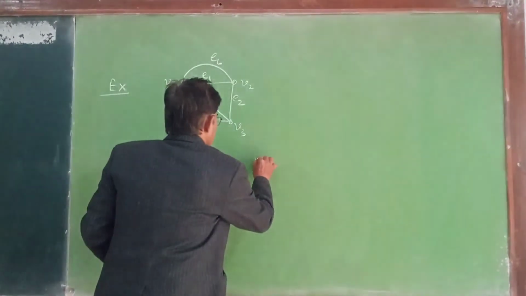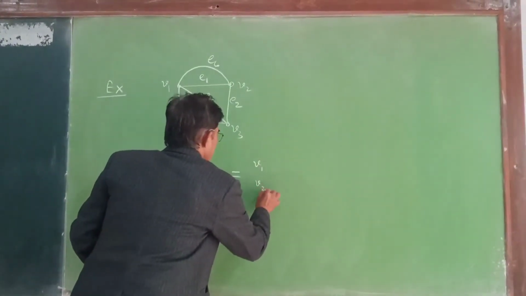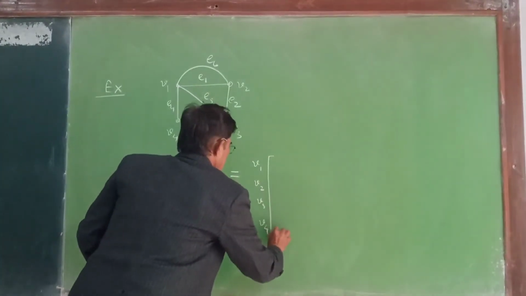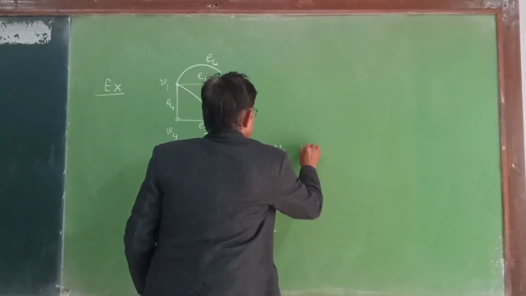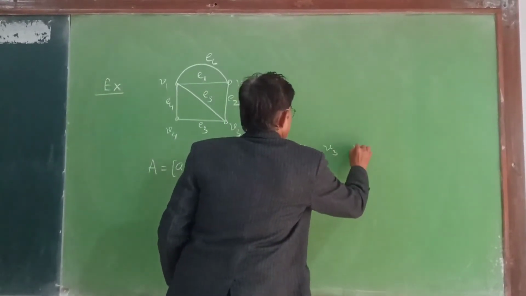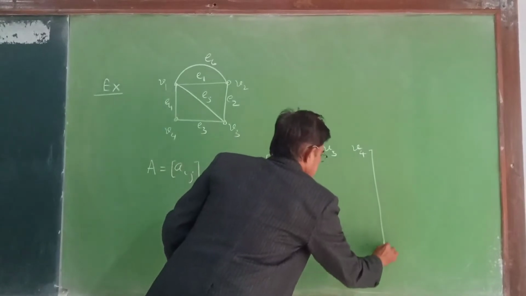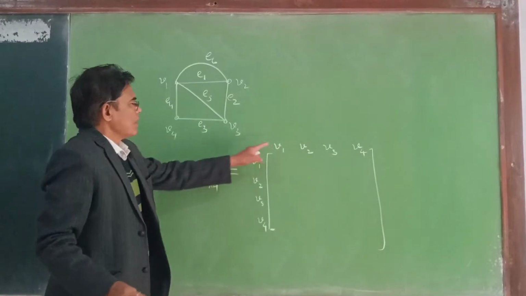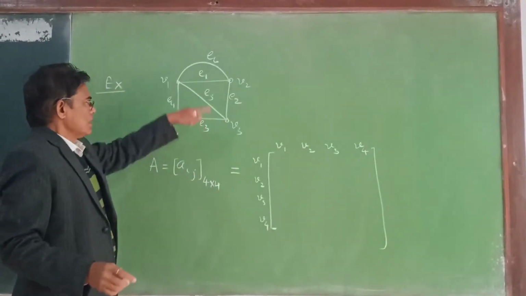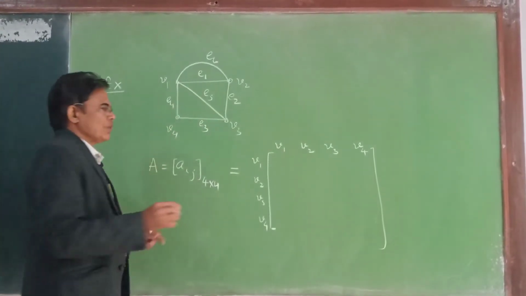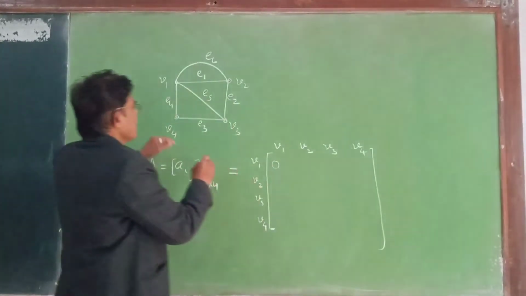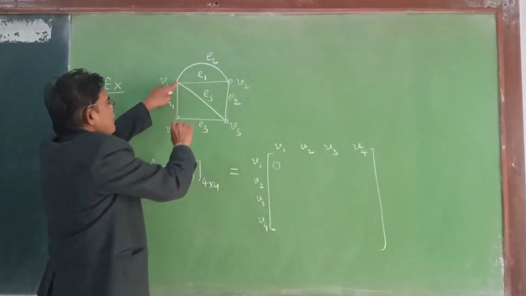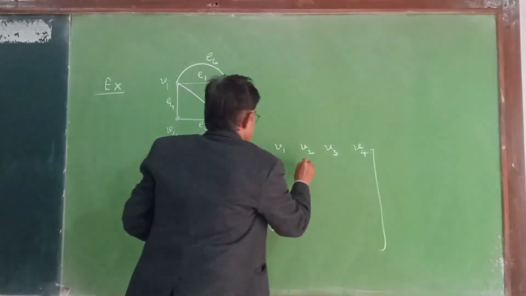So here V1, V2, V3, V4, V1, V2, V3, V4. So this is a square matrix. Now we see V1: since in this graph there is no loop, here it is 0. V1, V2: between V1 and V2 there is a path, so this is 1.